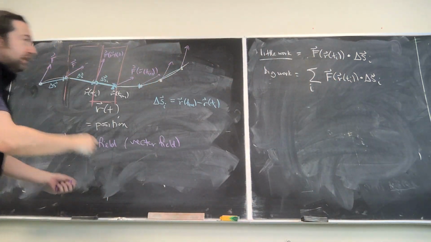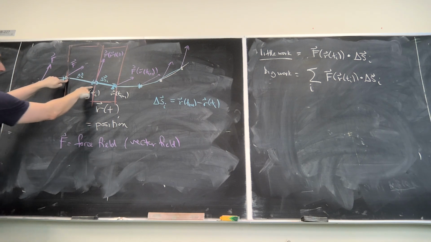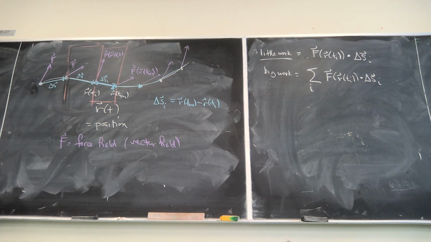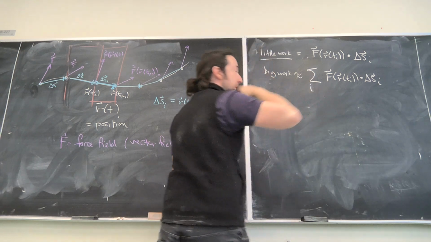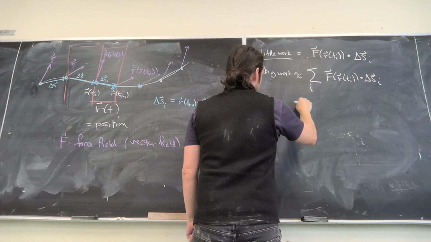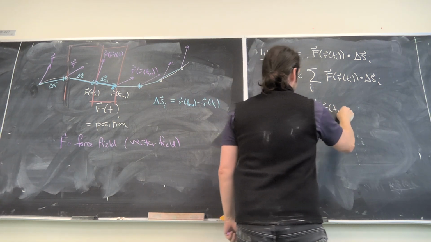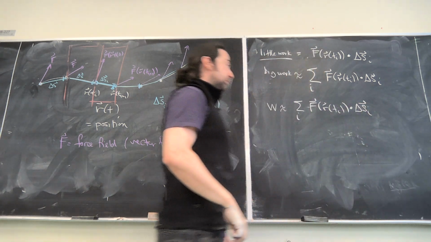If I added up the work done on this frame, plus this frame, plus this one, plus this one, I would get an approximation for the total work. So work is approximately equal to the sum over i of F of r of t_i dotted with delta S_i.